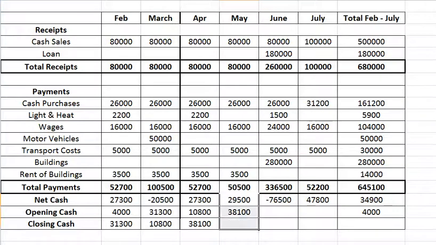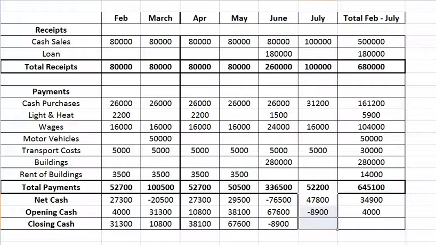And net plus opening gives closing. Closing for this month becomes opening for the next month. And then net plus opening, in this case a minus, will give a minus closing cash. Closing cash for one month becomes opening for the next month.